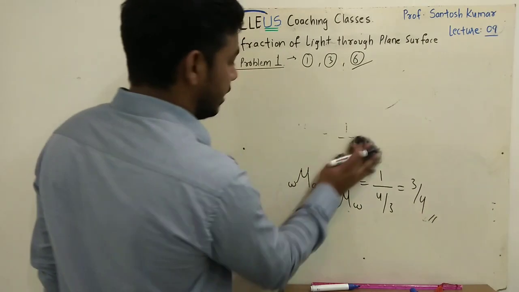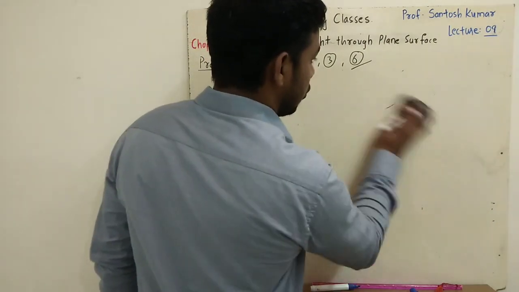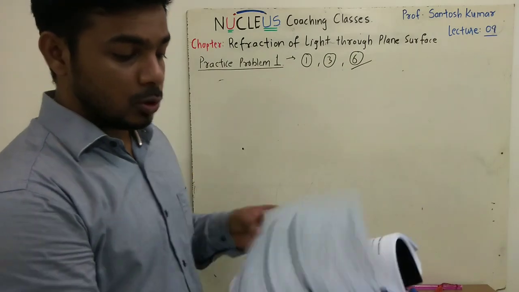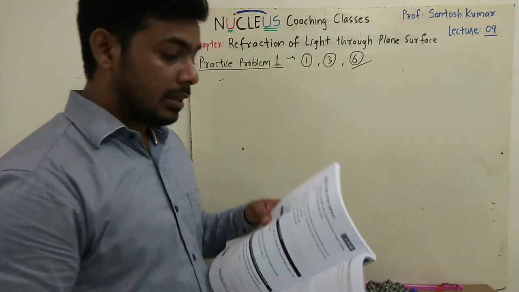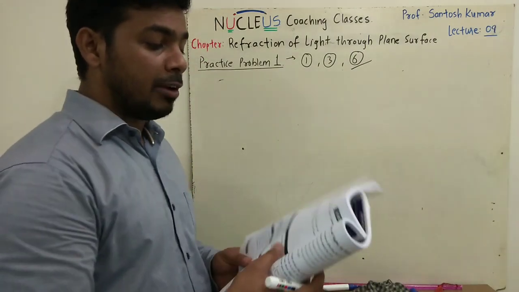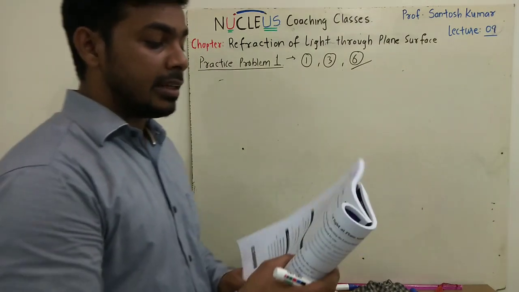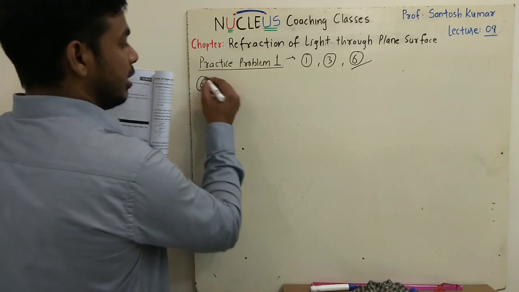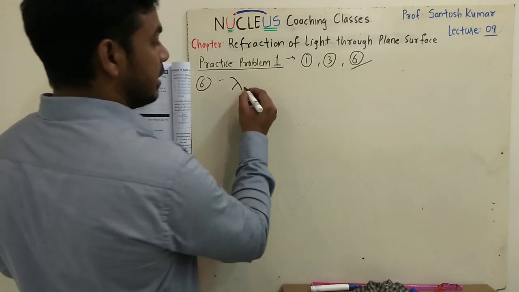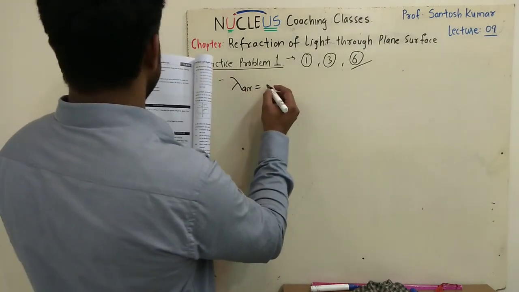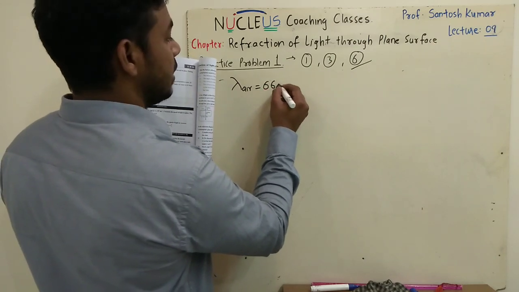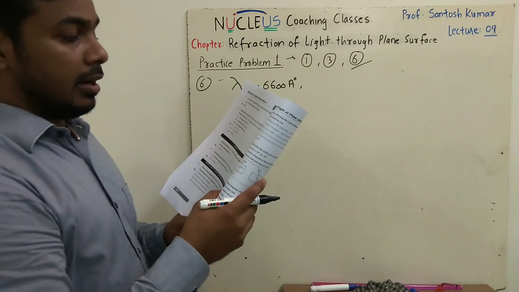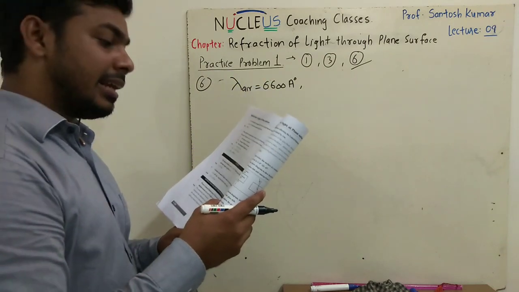You can pause the video and read the question and write the necessary data given in the question. I will read it once: orange light of wavelength 6600 angstrom traveling in air. So in question number 6, we have been given the wavelength of orange light in air, which is equal to 6600 angstrom, and the light gets refracted in water.